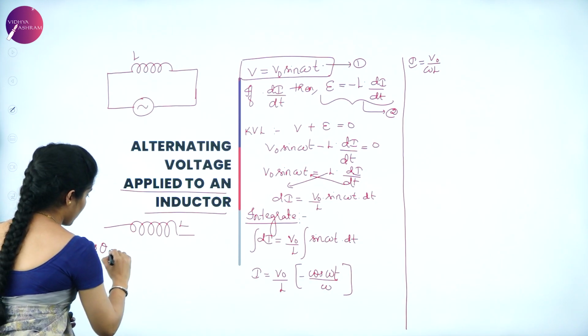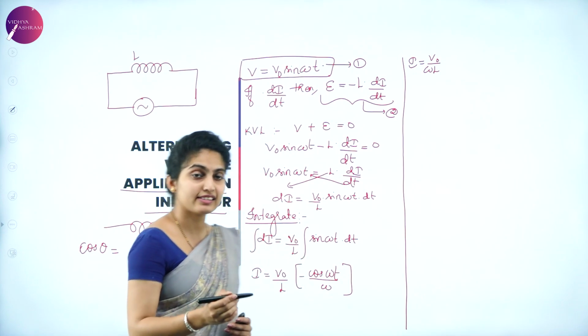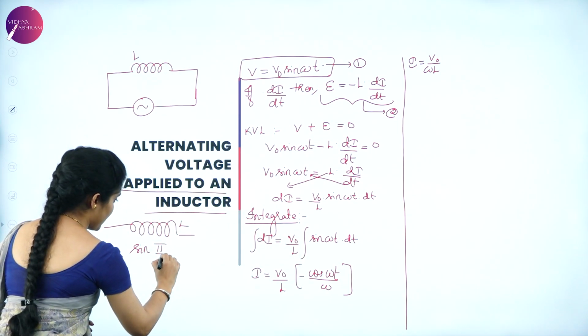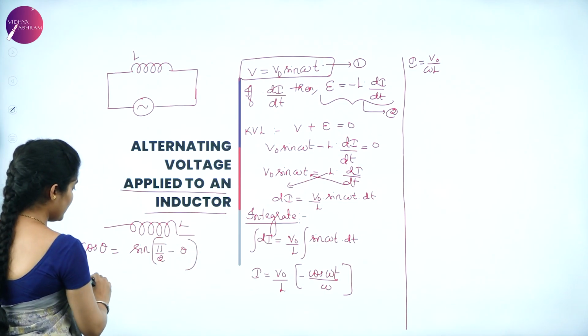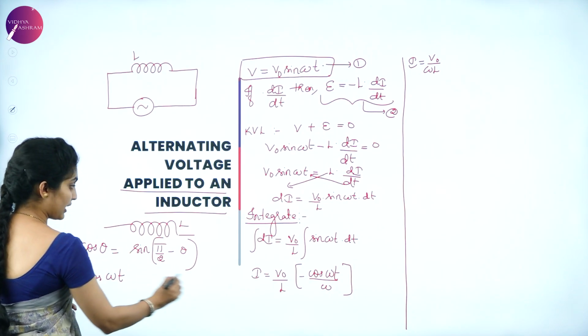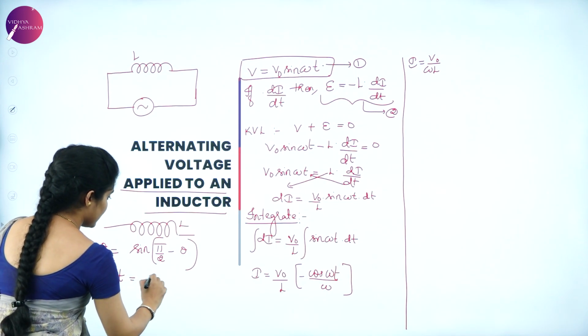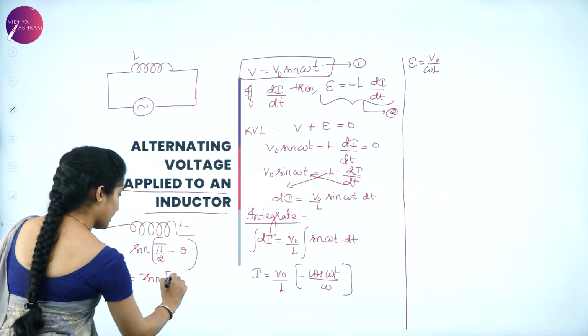Since cos theta can also be written in terms of trigonometric functions for allied angles as sine pi by 2 minus theta, I can write minus cos omega t as sine within brackets omega t minus pi by 2.